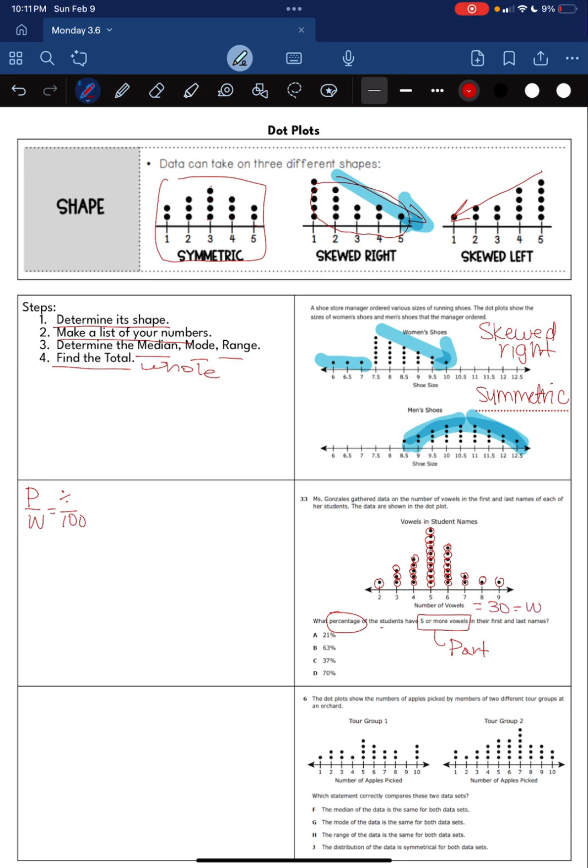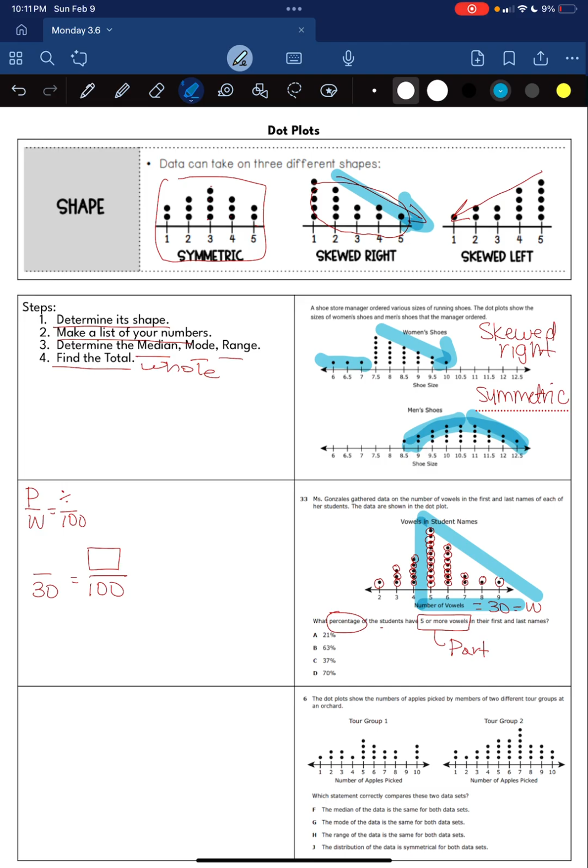Okay, so now I can start setting this up. I know my whole is 30. I know I'm looking for a percentage, and that's always going to go over 100. Now I'm looking specifically for those that are 5 or more. So that means all of these that are in this little triangle here.